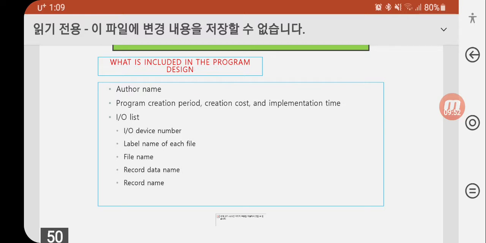Also included in the program design are the program creation period, creation cost, and implementation time, and include the I/O list. The list is filled out with I/O device number, label name, file name, record data name, record name.